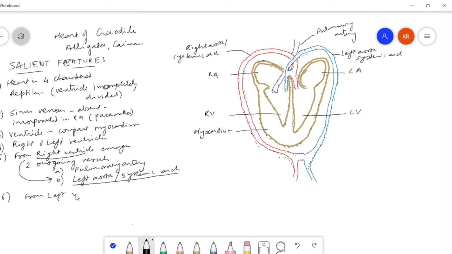From the left ventricle emerges the right aorta, or right systemic arch.